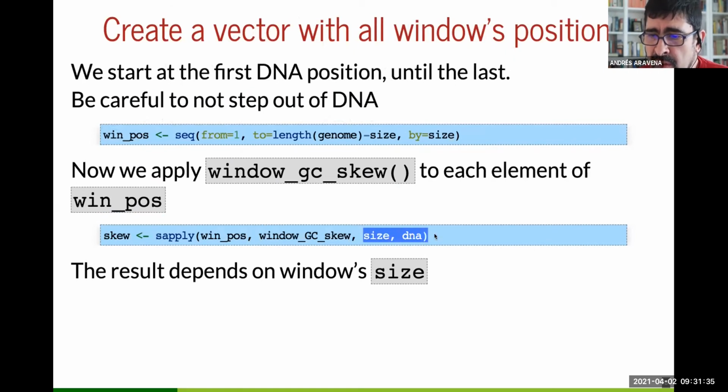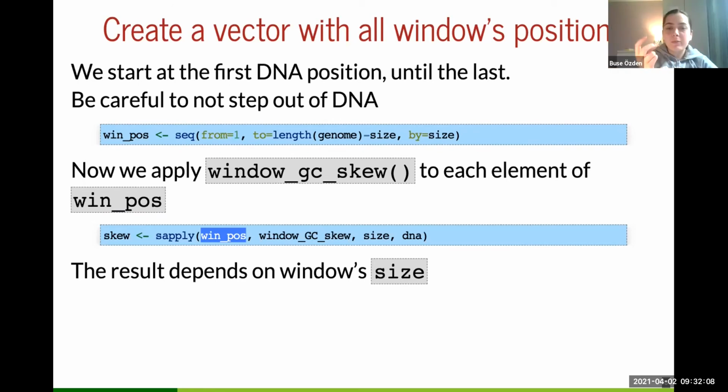So these two are fixed. This changes one by one, and we call the function one by one. And for every position, we call the function and we get the result. And that can be done in parallel. If you have many processors, this can be done in separate processors independently and it's very fast.